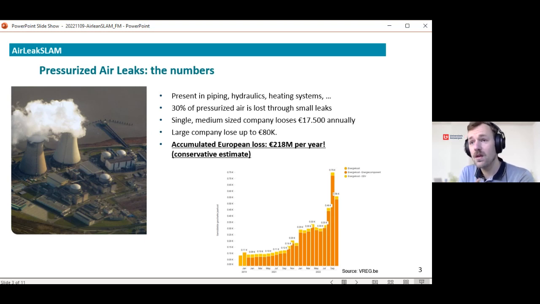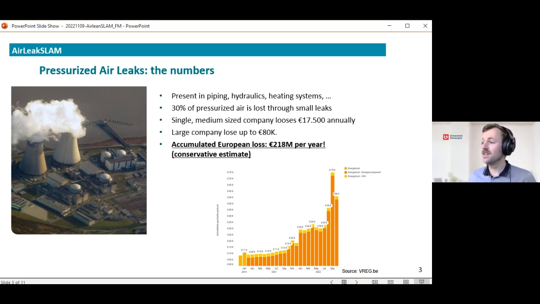The accumulated European loss would be about 218 million euros a year. The more interesting thing behind these numbers is that this market study was done a few years ago when the energy prices were a lot lower. I went to the website of the VREG to get a more accurate sense of these numbers, and you can see that comparing the numbers of 2019 to the numbers now, they have increased fivefold.